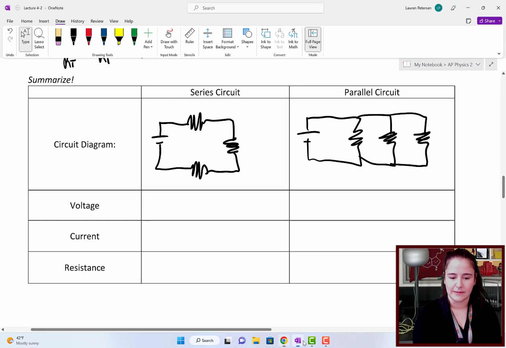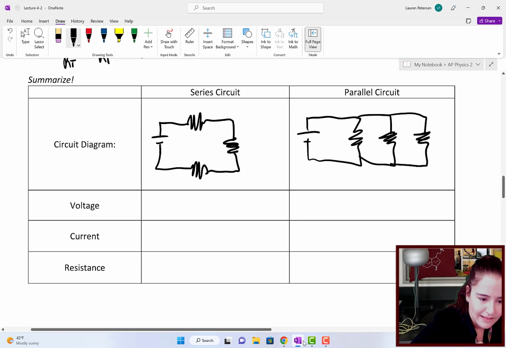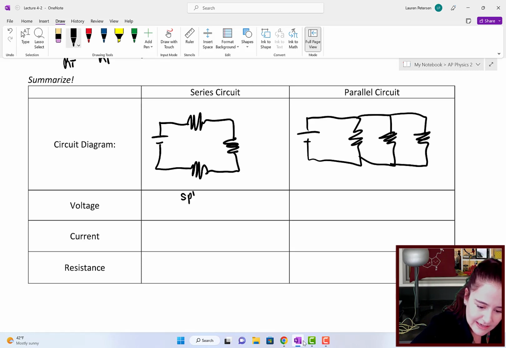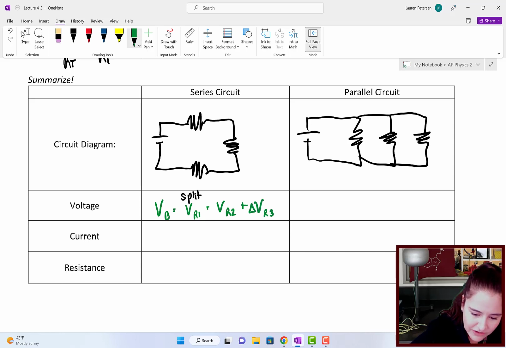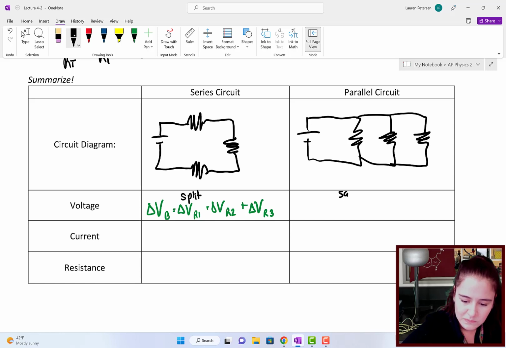So let's summarize that for series. The voltage is split. So you can always say that the voltage of the battery will equal the voltage of R1 plus the voltage of R2 plus the voltage of R3. And let's be specific: the voltage drops. Whereas in a parallel circuit, they are all the same.